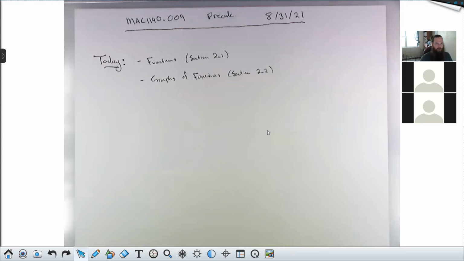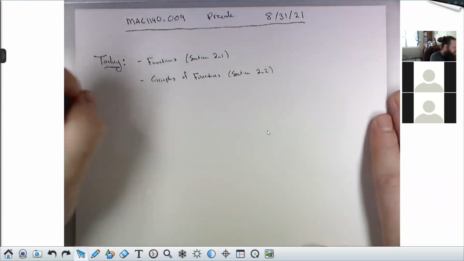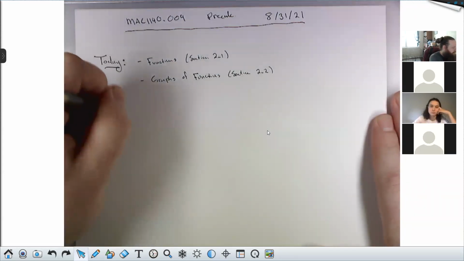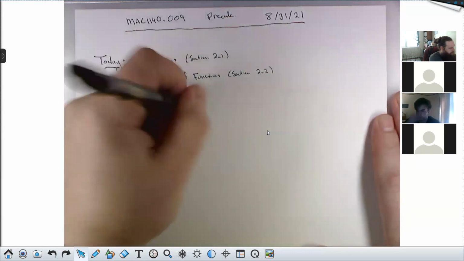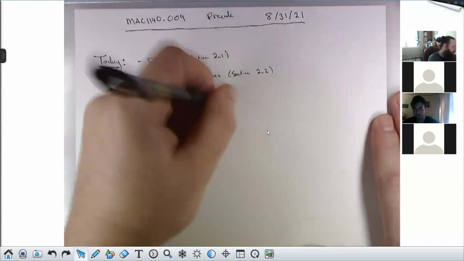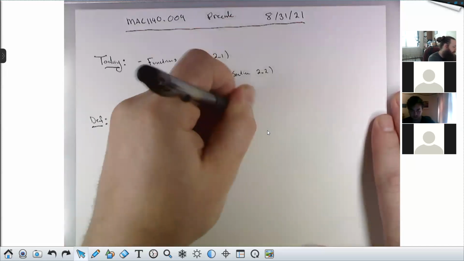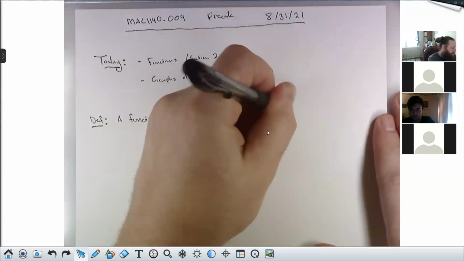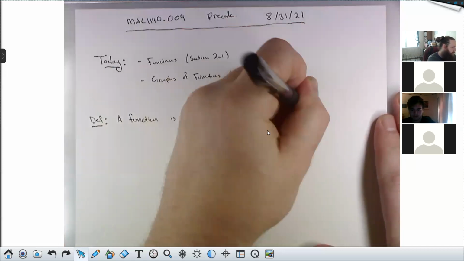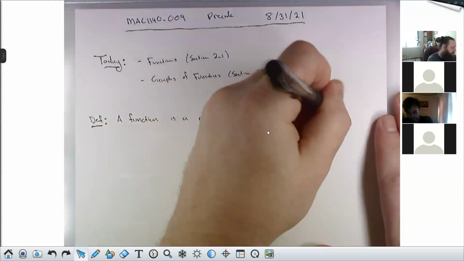It feels a little bit dry, but we have to begin with a definition. So a function is a rule comparing inputs with outputs.